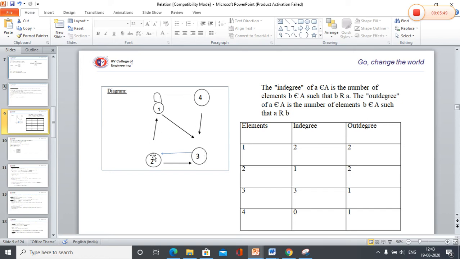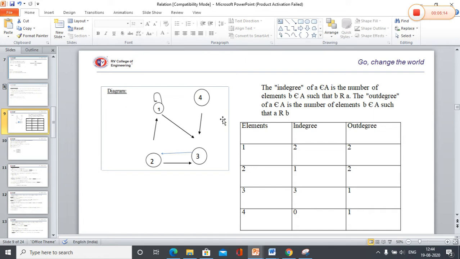So based on the edges I can write the ordered pairs with order. If I have the ordered pair representation, I can write the corresponding matrix and digraph representation. If I have the digraph, I can write the corresponding ordered pairs and matrix representation. So these are the 3 different types of representation of a relation.